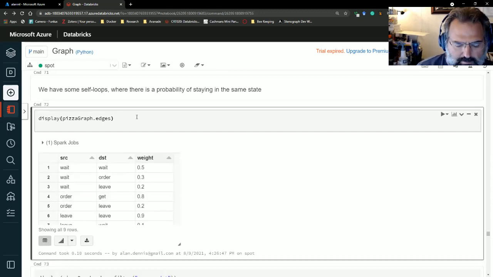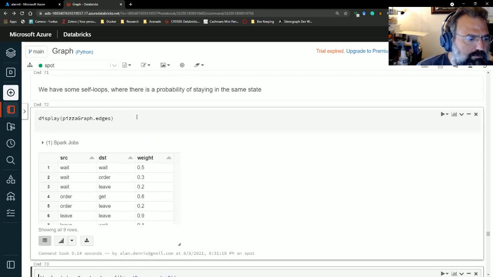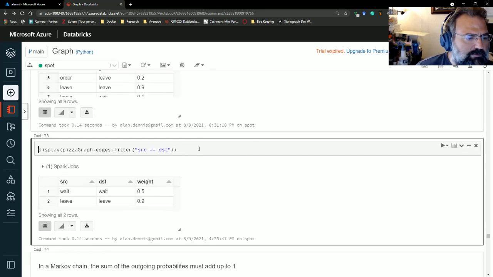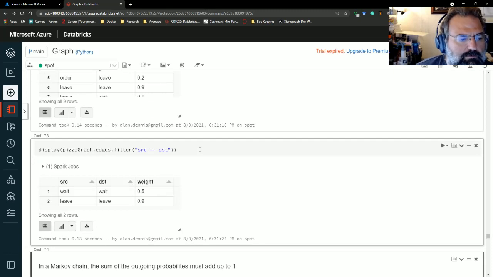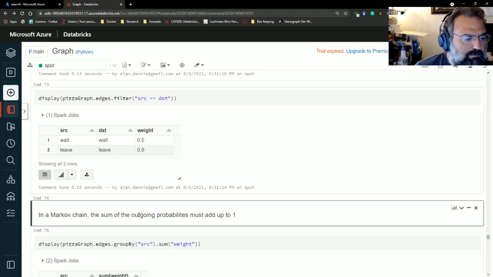And then we can take a look at the edges between them as well by taking a look at the graph edges. We can just get the ones where there are loops, so source is equal to destination. And that's the wait and the leave, right, which we talked about. So wait to wait is 50% chance, leave to leave 90% chance.